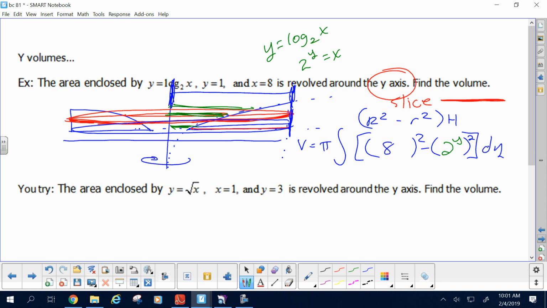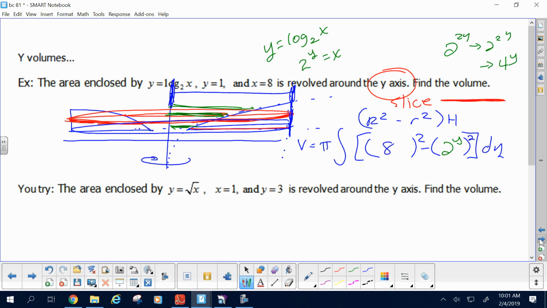Do you remember, if you had to integrate this by hand, how to integrate that well? The key is to change it to 2 to the 2y, or 2 squared to the y, or 4 to the y, which is the easier way to integrate that. You don't want to get into u-substitution with an exponential.